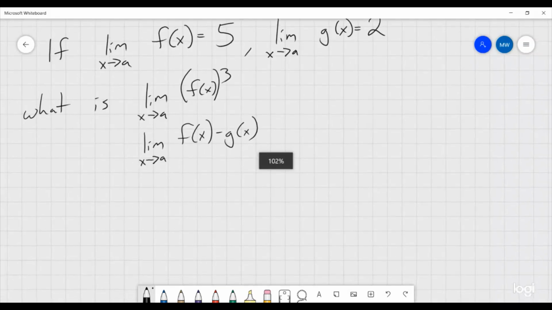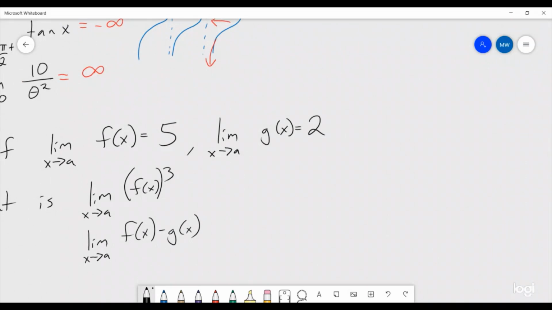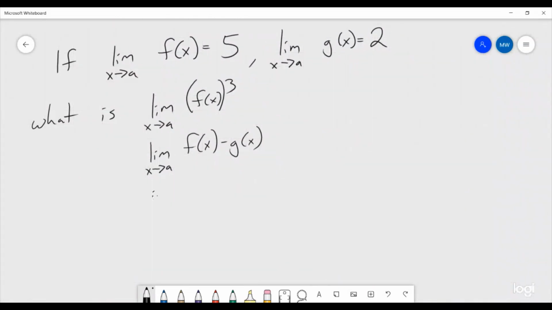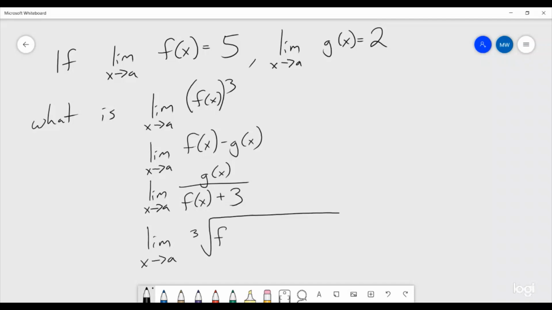We have the limit as x goes to a of g of x divided by f of x plus 3. We have the limit as x goes to a of the cube root of f of x plus g of x plus 1. Go ahead and compute these four limits.